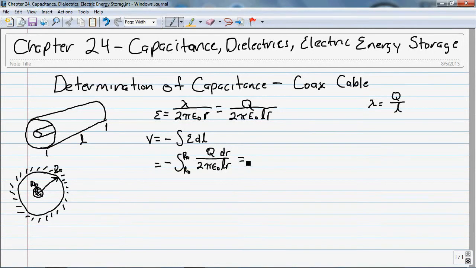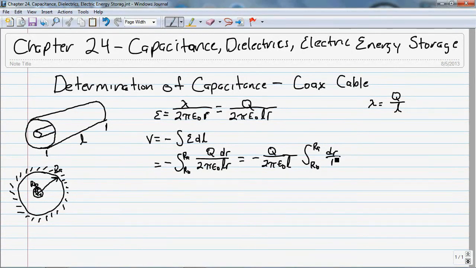And we can take the constants out. And we're left with an integral from RB to RA of dr over r.